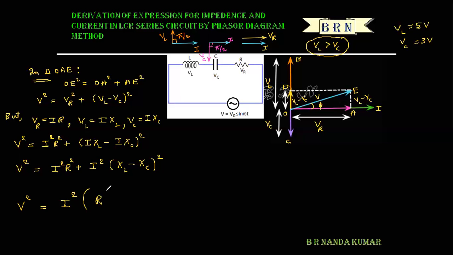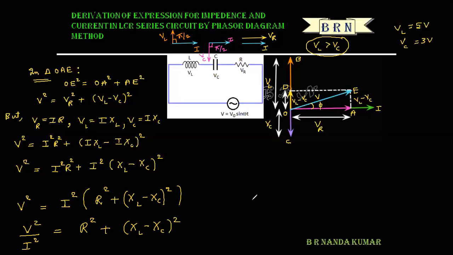I square of R square plus (XL minus XC) whole square. Right? So V square divided by I square is equal to R square plus (XL minus XC) whole square.